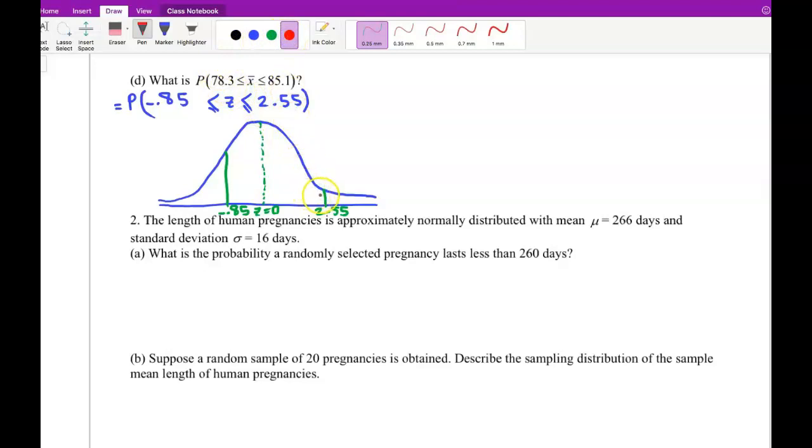So we want to find the area between these two. So that is equal to, using the table, find the area when z is equal to negative 0.85, and here z equal to 2.55.